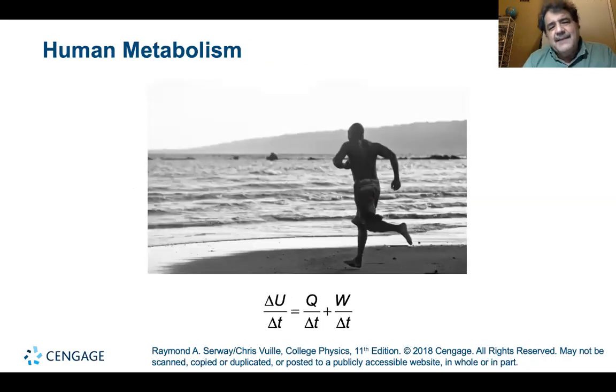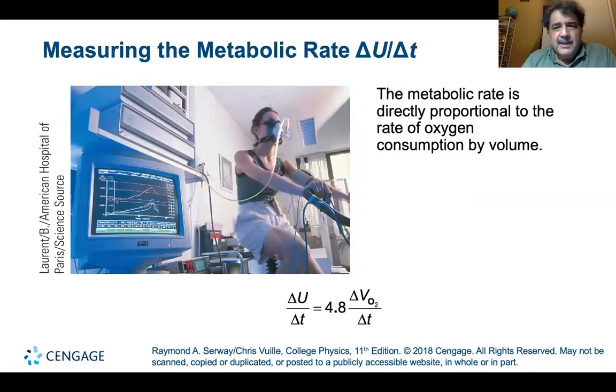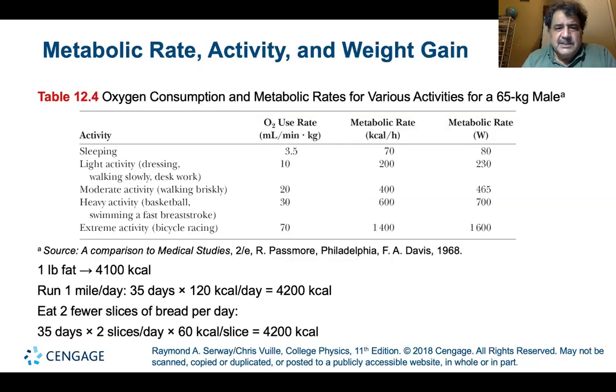Okay, human metabolism: the change in energy over time is equal to Q divided by time plus work divided by time. The metabolic rate is directly proportional to the rate of oxygen consumption by volume. Delta U over delta T is equal to 4.8 times the volume of oxygen divided by time.